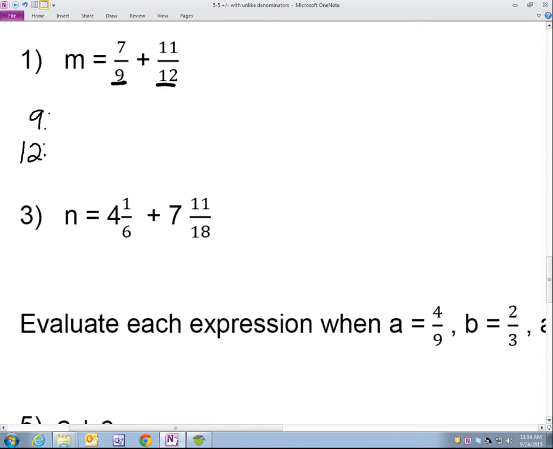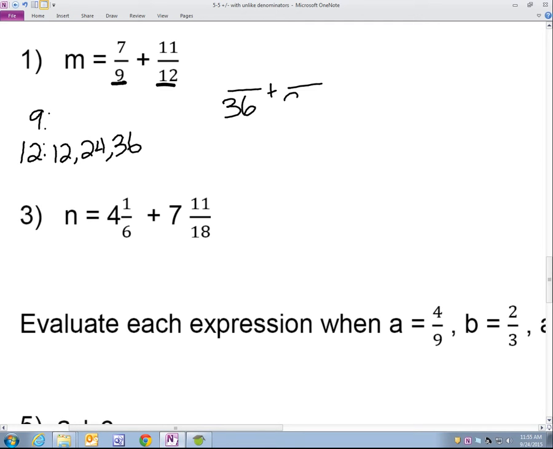Because wouldn't you reach it faster? That one's not really fair for me to ask you because 12 and 9 are pretty close together. But if it had been 24, then you'd want to use 24. So I'm going to go 12, 24, 36. I already know that 36 is a multiple of 9, right? Yep, it's going to be by 4. So I'm going to do 36 in the denominator.